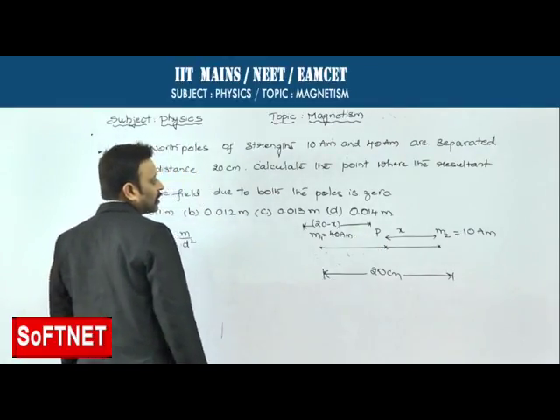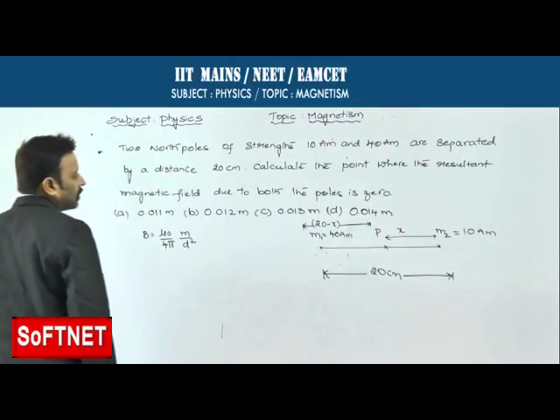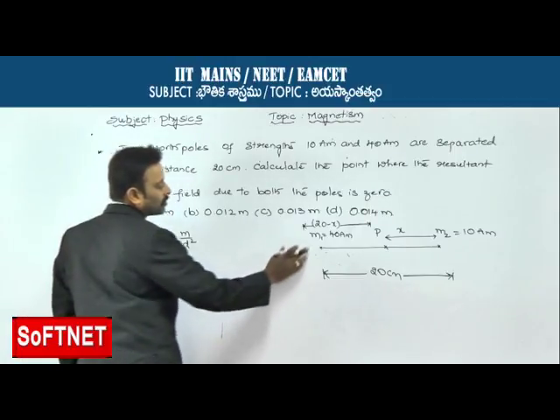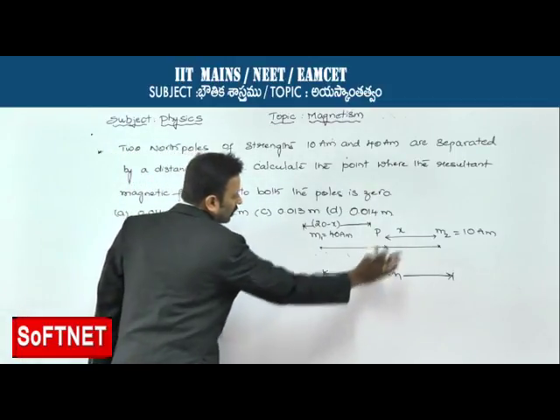In order to calculate that null point, I have to equate the magnetic field inductions due to both the poles M1 and M2.